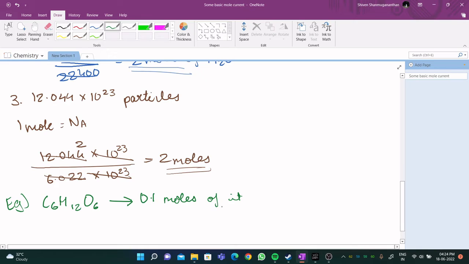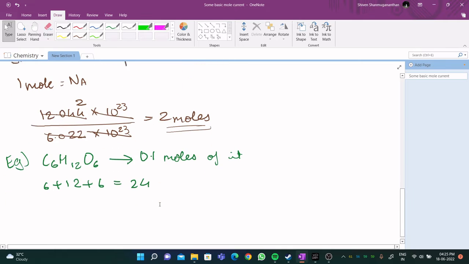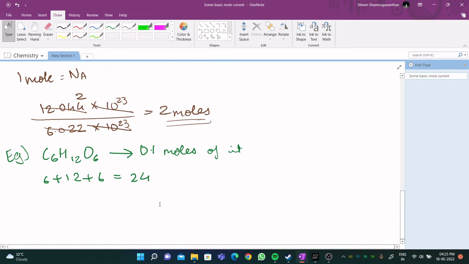Okay, so if we think about this logically, each molecule of glucose here has 6 carbon atoms, 12 hydrogen atoms, and 6 oxygen atoms. So we get 24 atoms in one molecule. Now, as we saw earlier, we have to get 0.1 moles of it, and one mole will be Avogadro's number of molecules, right?